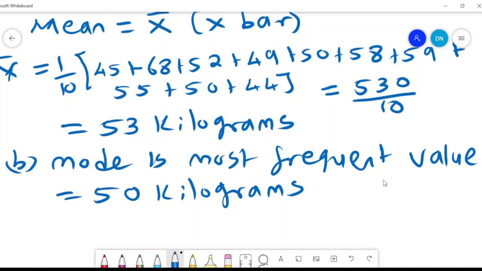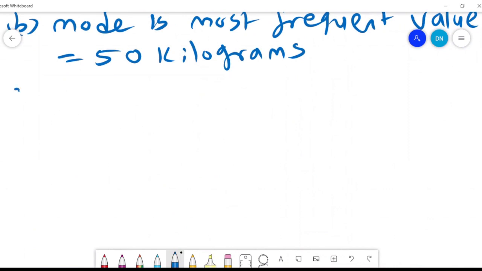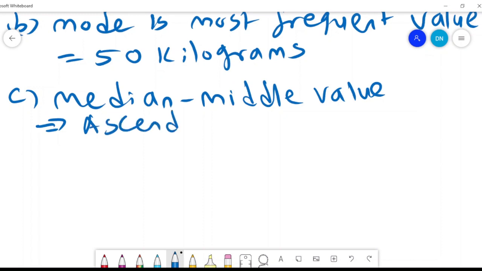The last value that we want to compute for the ungrouped data is the median, and the median is the mid-row value. How do we get the mid-row value? We organize our data in ascending order.